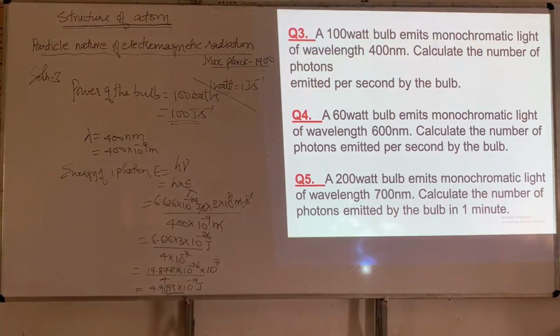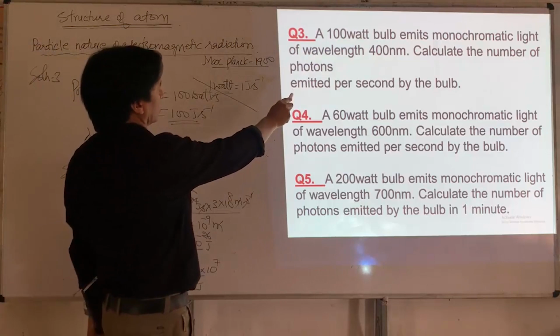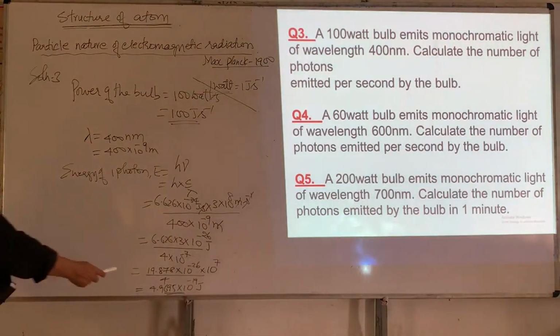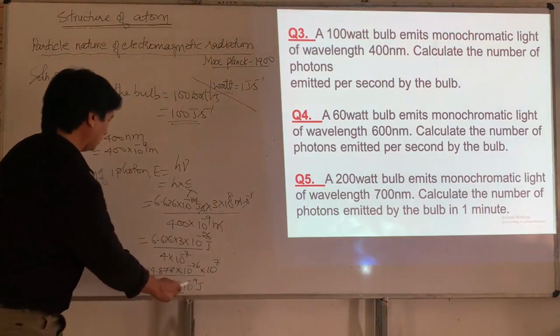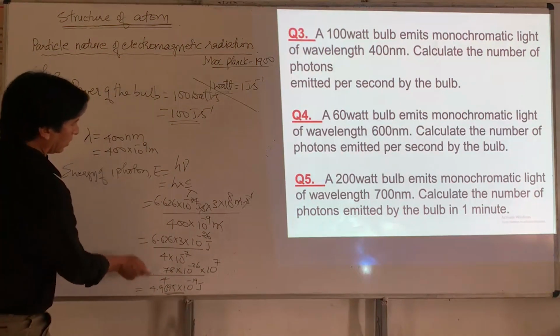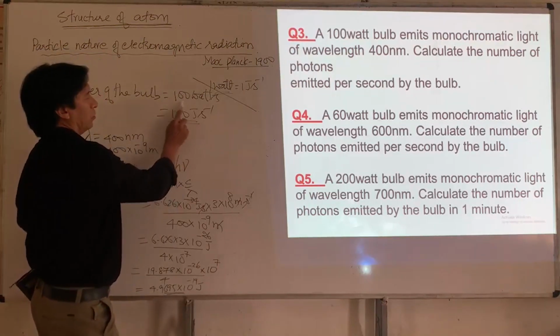Now what you are required to find is the number of photons emitted per second by the bulb. Very interesting. So this is the energy that is given by 1 photon. Now, in 1 second, this bulb gives out an energy of 100 joules.